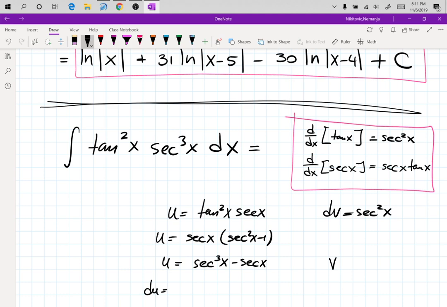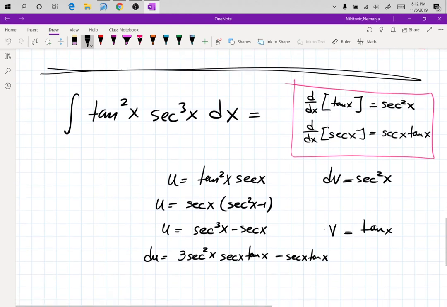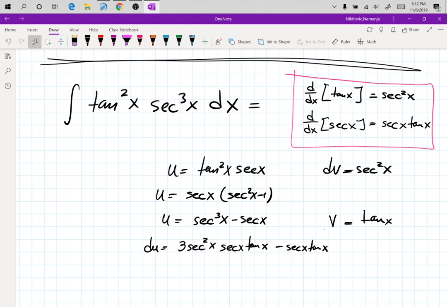So du is, the integral of secant cubed is 3 secant squared x. The derivative of secant is secant tangent x, tangent x minus secant x tangent x, and this is just tangent x. There's a dx here.